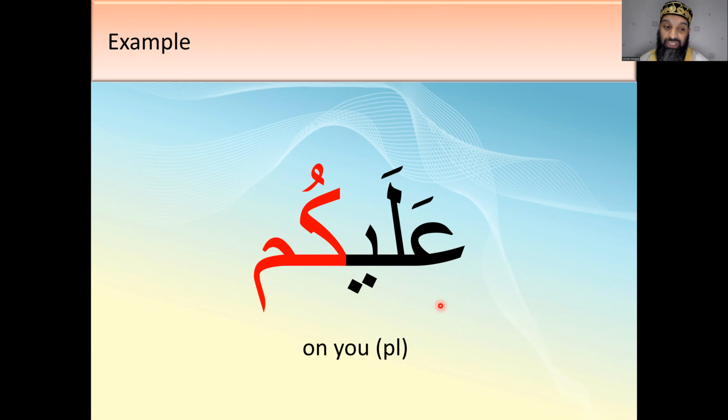And the people of knowledge say you're also salaming the angels, hence you say alaykum. So assalamu alaykum means salam on you all. That's what it really means.